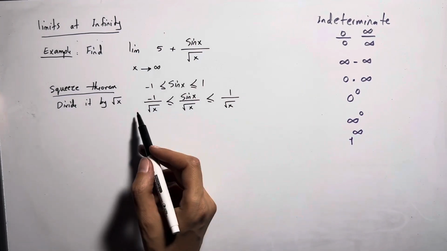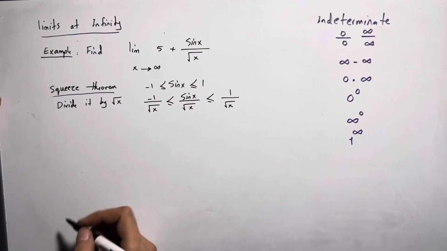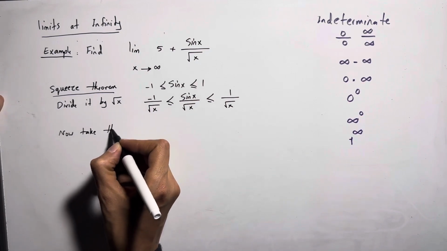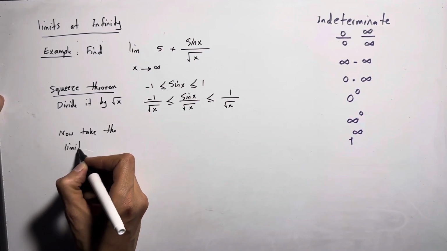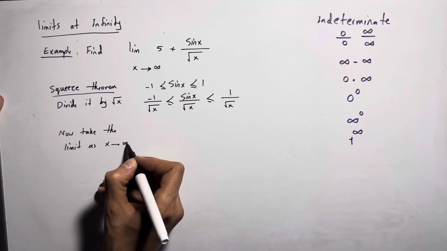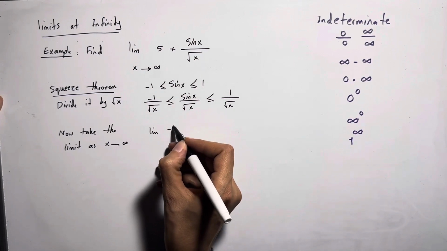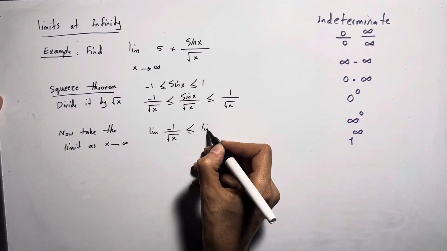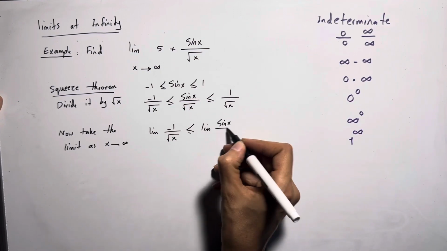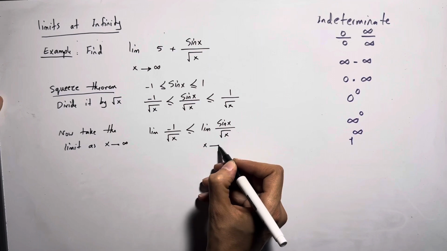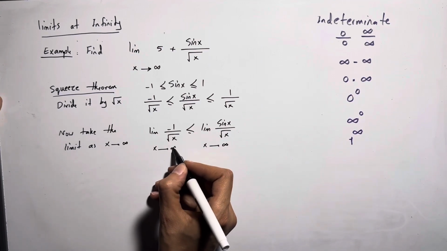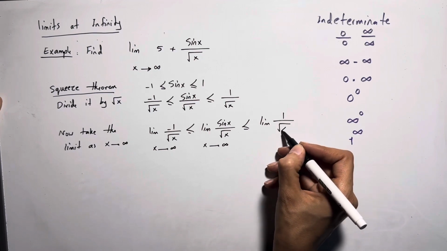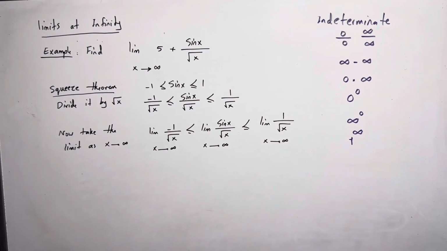Now take the limit as x goes to infinity. The limit of -1 over square root of x is less than or equal to the limit of sine x over square root of x as x goes to infinity, which is less than or equal to the limit of 1 divided by square root of x as x goes to infinity.